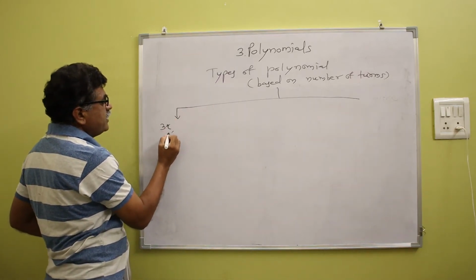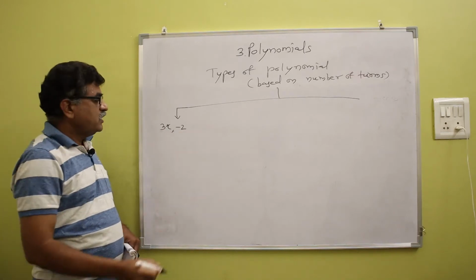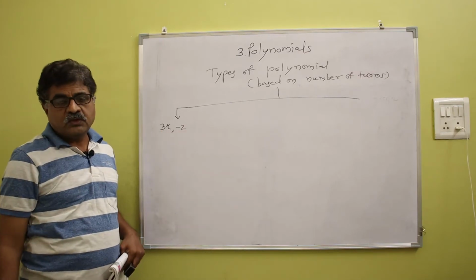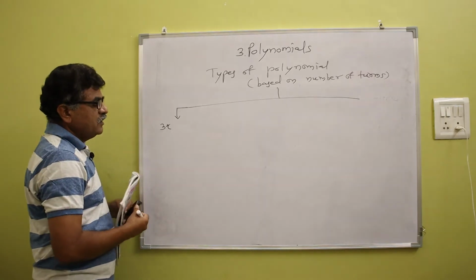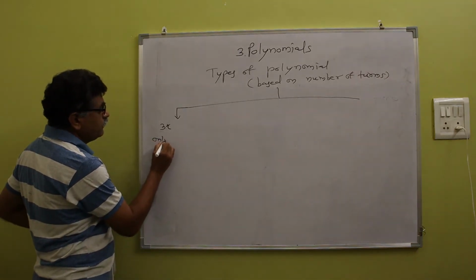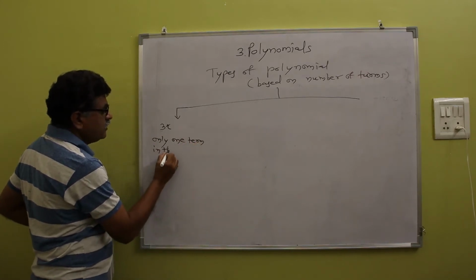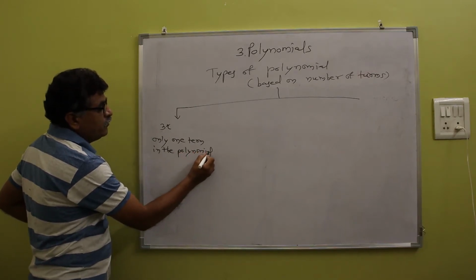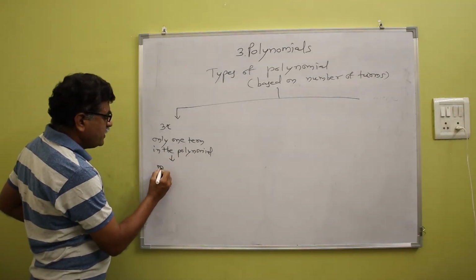This is 3x minus 2. There are two terms: this is 3x, the first term, and this is the second, minus 2. Or we take only one example, that is 3x. Now in this example, there is only one term in the polynomial, therefore this is called a monomial.